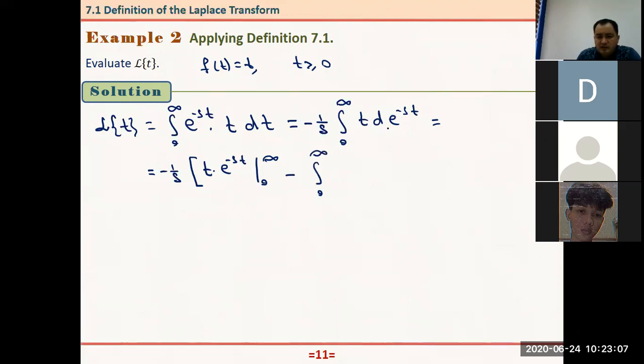Now we need to interchange these two functions, so I write e to the power minus st and dt, because t comes inside.